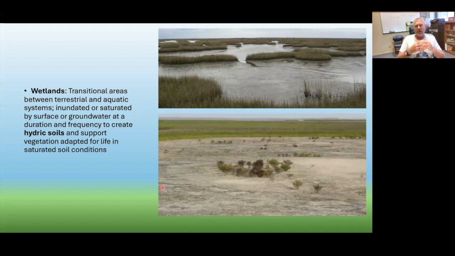And we've talked about hydric soils before. So hydric soils support vegetation that is specifically adapted to those environments. Hydric soils often are more anoxic, like we've talked about before, and the vegetation that grows there has to be able to survive under those types of saturated conditions.